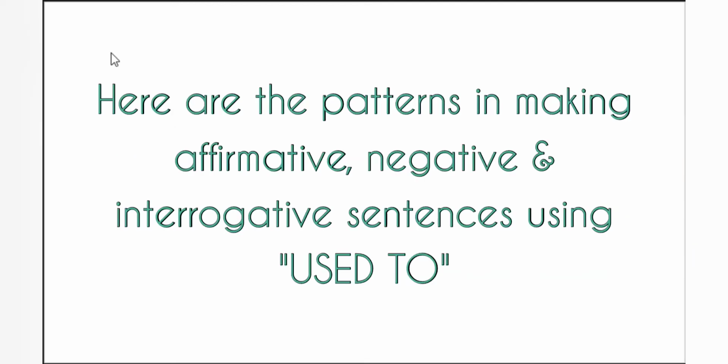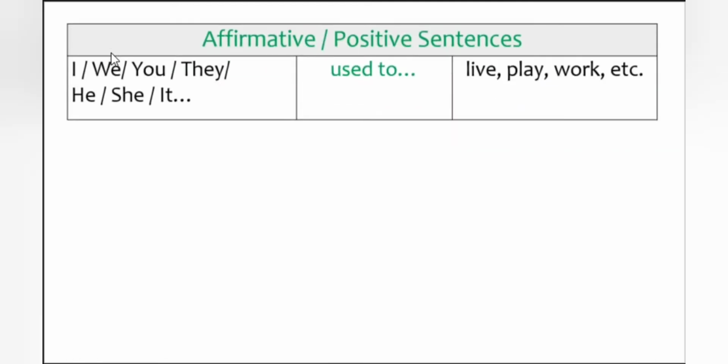So, paano ba yung paggawa ng mga sentences? So, these are the patterns in making sentences. For the affirmative or positive sentences, first, we put the subject. Pwedeng pronoun, pwedeng nouns. I, we, you, they, he, she, it. Pwede pang names?